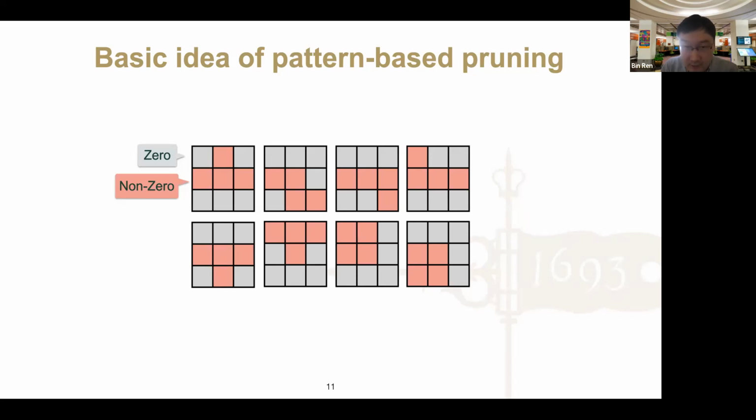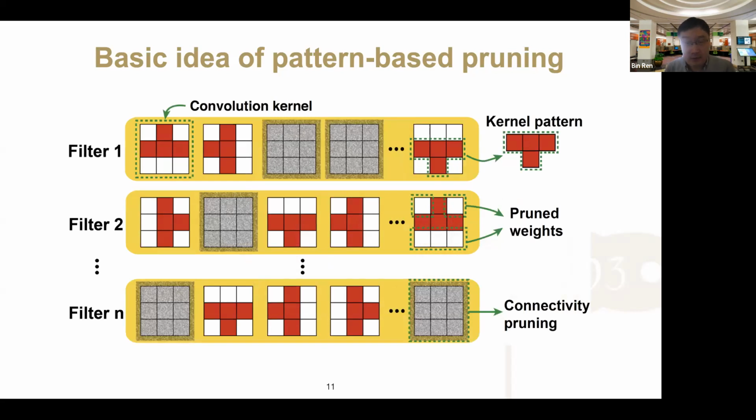And if we take a closer look at this approach, it includes two sub-approaches. The first one is called kernel pattern pruning, which is applied on each kernel. So when we prune this kernel, we just follow a certain pattern.